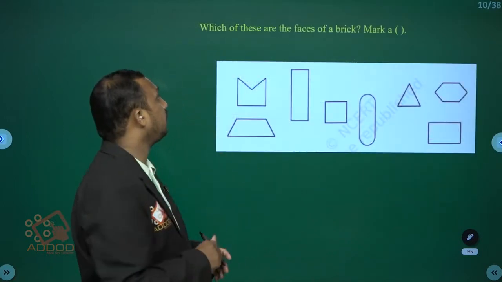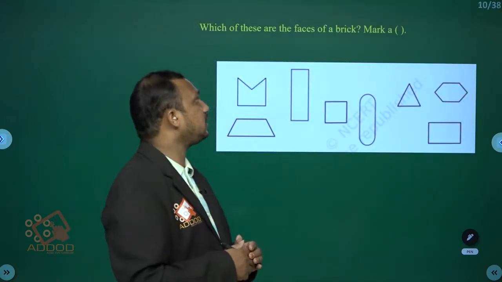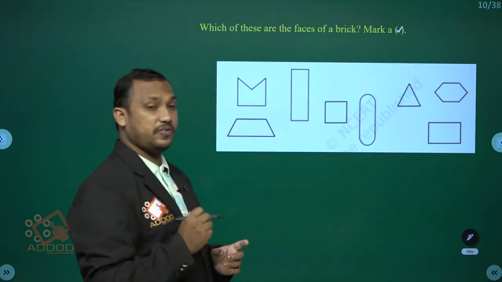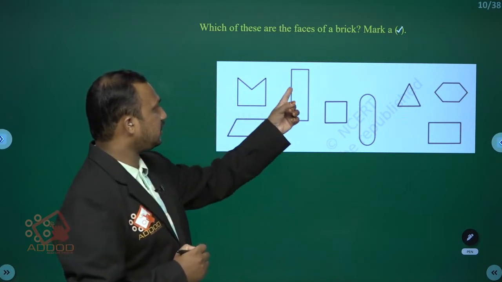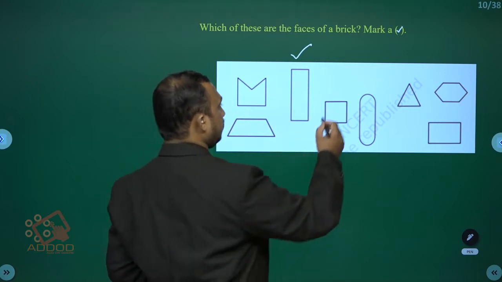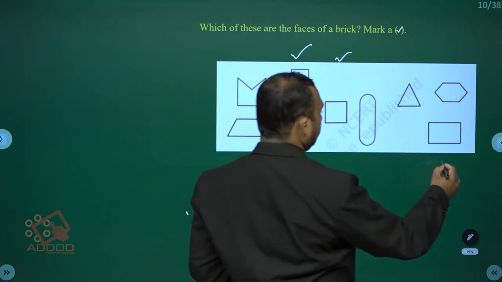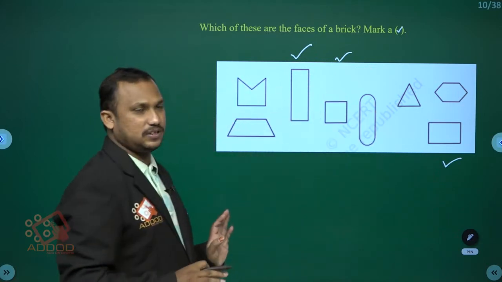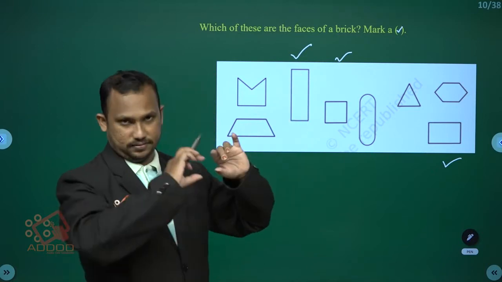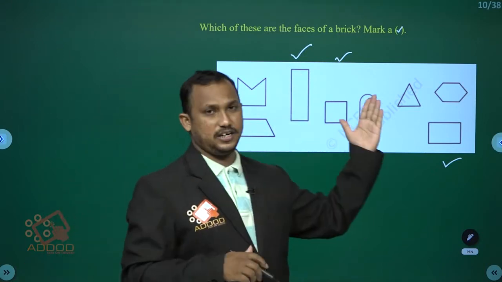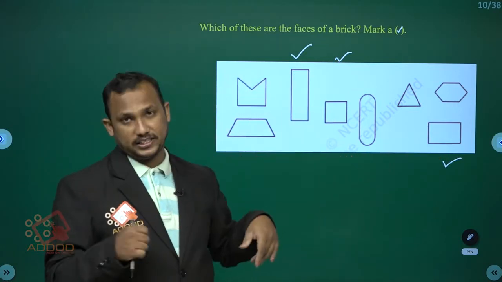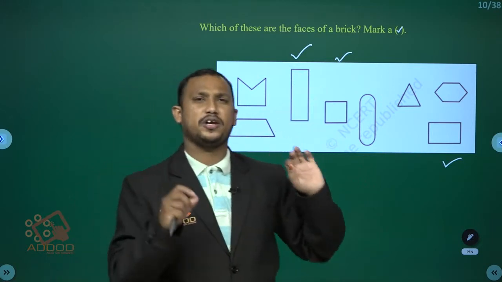Next, which of these are the faces of a brick? Make a tick mark. So I can say this is the first, and this is also a brick face, and this is also, and all are different types. The brick faces are this side one, this is the left and right side, and this is the top side. The remaining ones do not look like a brick shape.